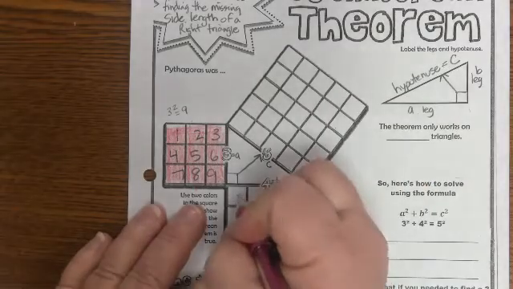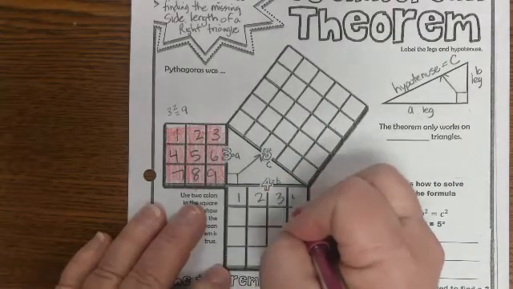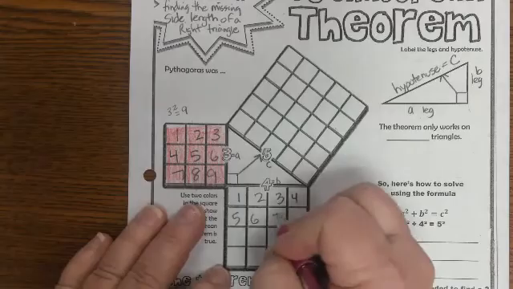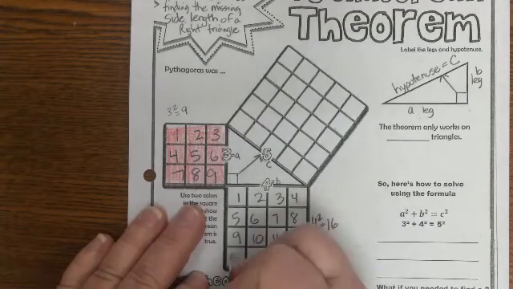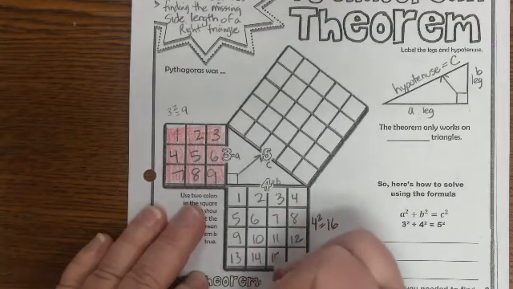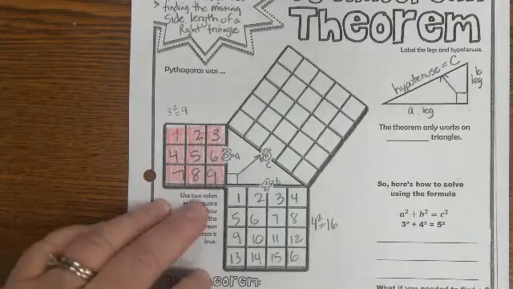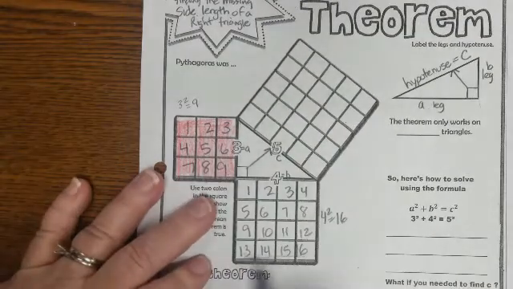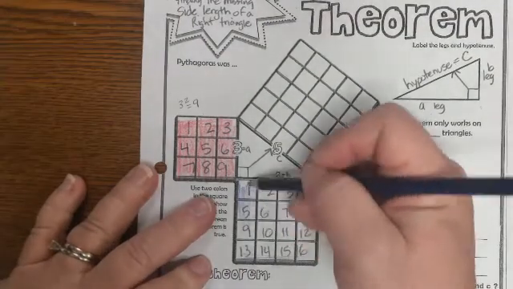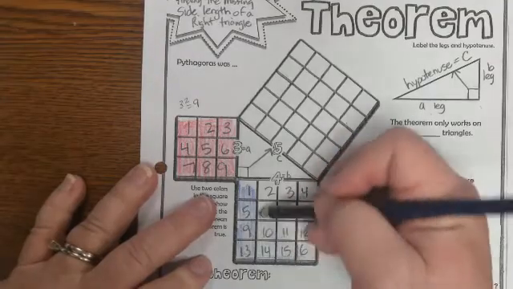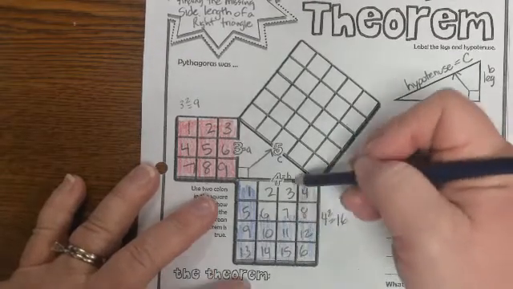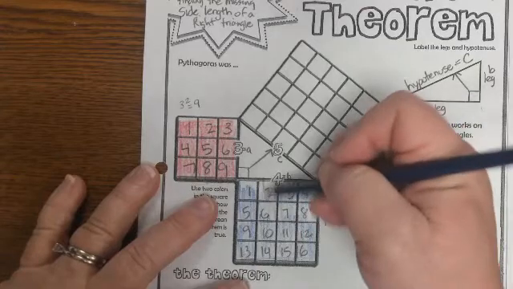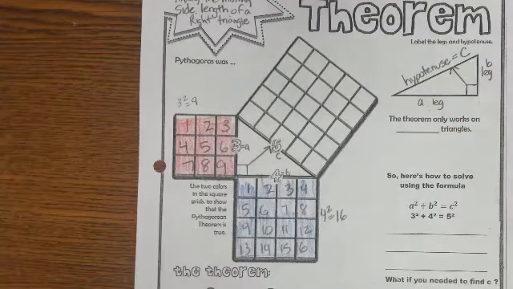And I'm going to go ahead and do 1, 2, 3, 4, 5, 6, 7, 8, 9, 10, 11, 12, 13, 14, 15, 16. And I'm kind of going a little bit fast, I know, but this is an important topic, but also I don't want to make this video too long, and we have a tendency to do that when we're talking about Pythagorean theorem. So I'm going to color that part of it blue.